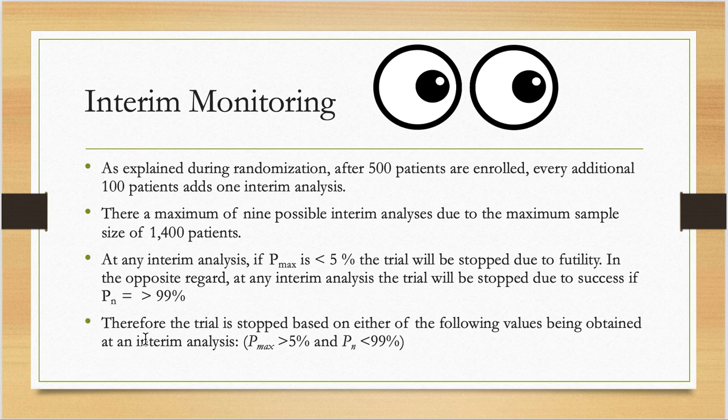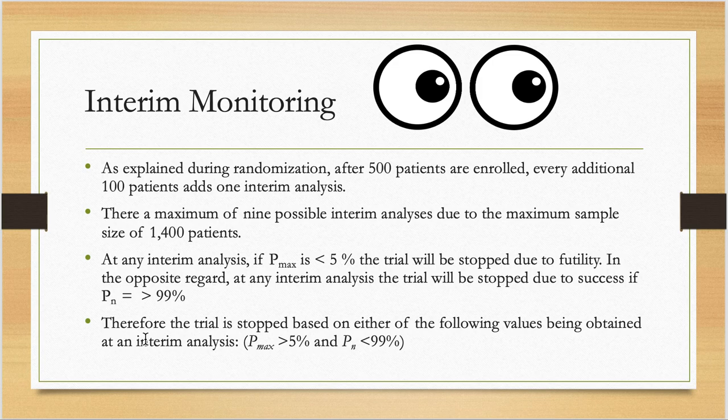And as I discussed before, one of the main features of the Goldilocks design is more interim monitoring. As explained during randomization, after the 500 patients are enrolled, the minimum sample, every additional 100 patients adds one interim analysis. And since there is a maximum sample size of 1,400 patients, that gives a maximum of 9 possible interim analyses. At any interim analysis, if the P max is less than 5%, the trial will be stopped due to futility.